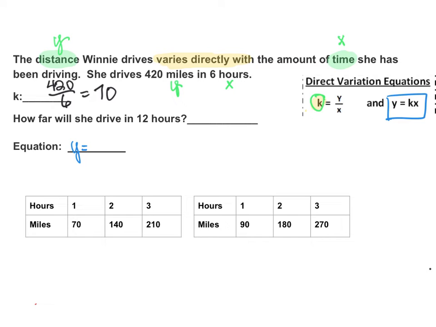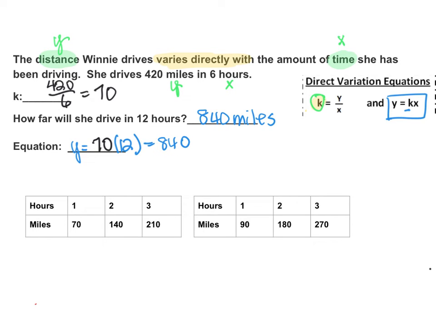We know the K, which is 70, and we know how long it's going to be. It's going to be 12 hours. If we multiply that together, that is going to be how far she'll drive in 12 hours, and that is going to be 840 miles. So I can write it in both blanks if you like.